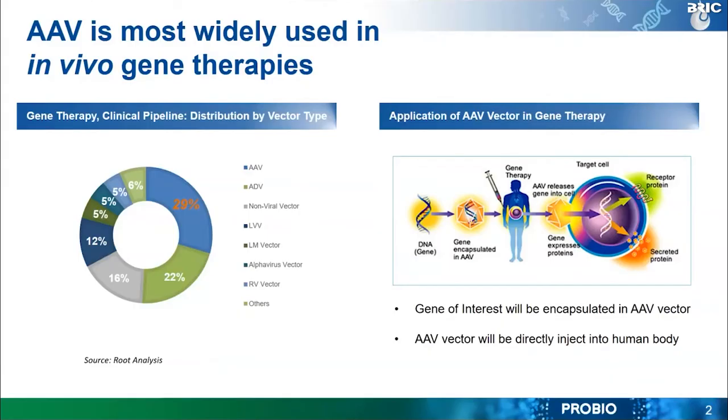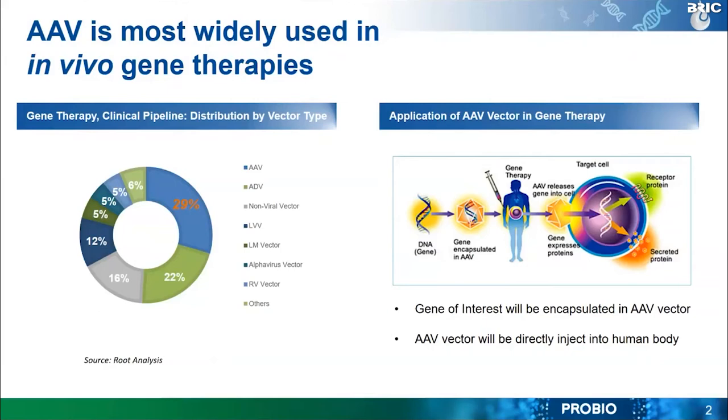As you all know, gene therapy is a technique that modifies a person's gene to treat or prevent disease. There are various types of gene therapy products, which can be divided by the delivery vehicles, such as AAV, ADV, and non-viral vector.